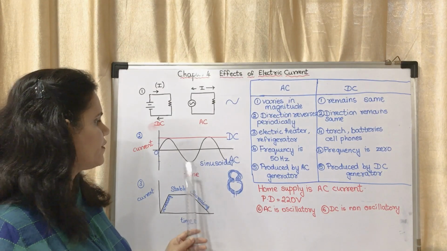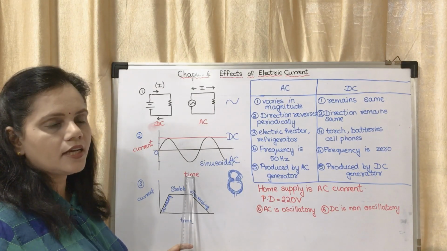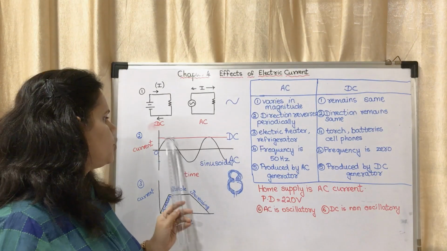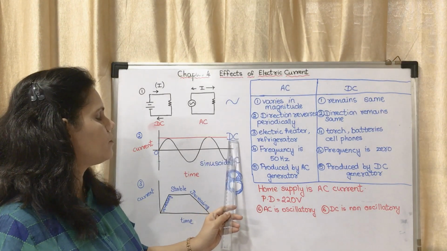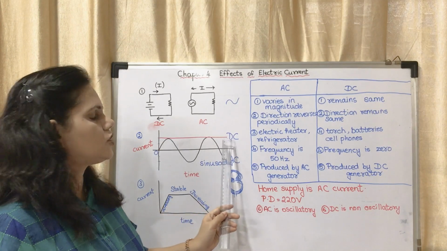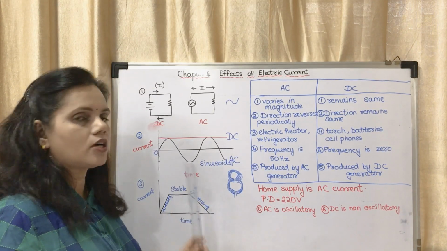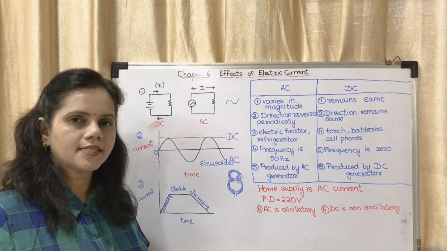Now there is a graph which is shown. In this graph, the time is taken on x-axis and current is taken on y-axis. You may see in case of DC, it is moving straight. Its value is not at all changing. It is remaining the same.